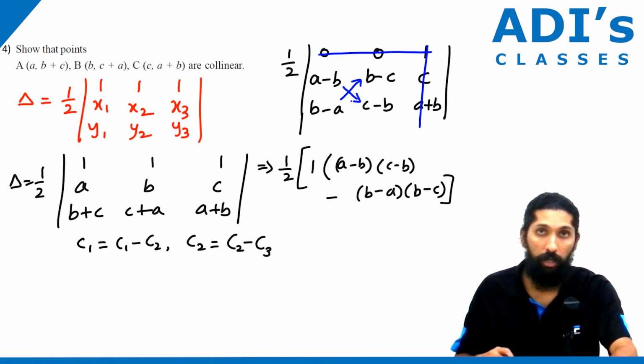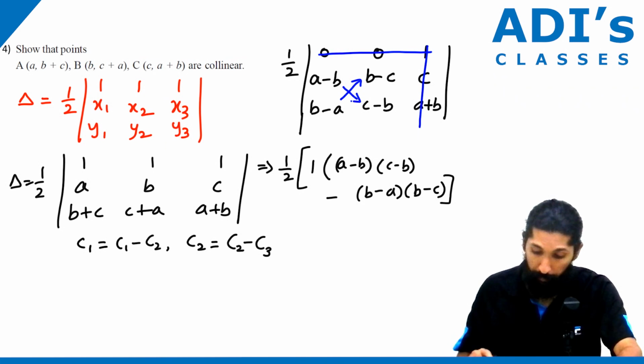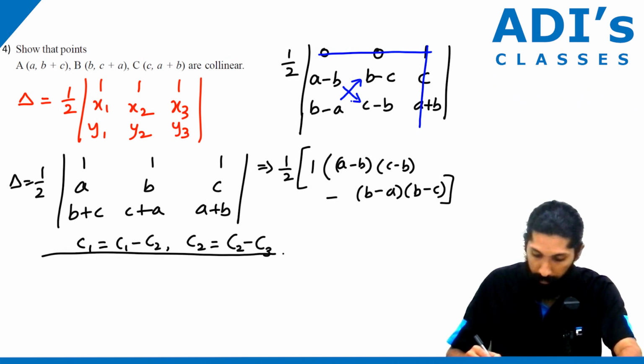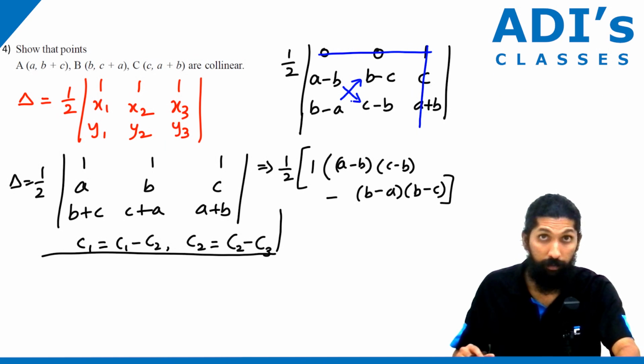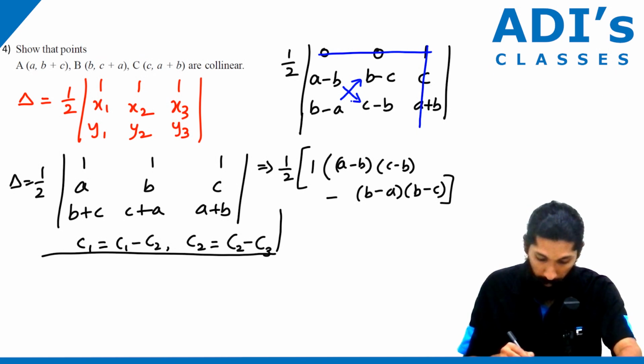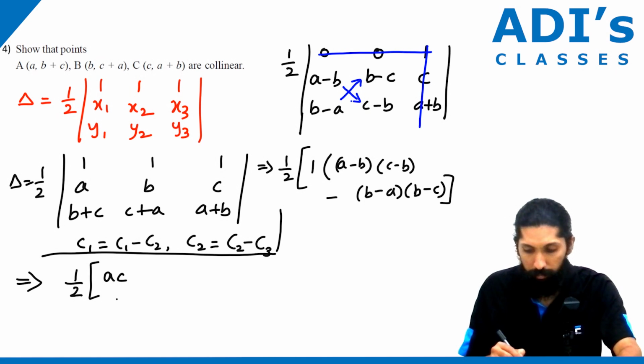Correct? Now it's just expansion of the terms. That's all. Nothing else is there. So when you expand the terms, I'm going to write this expansion of terms here. So you're going to have half into. So multiply AC. See, you can do one more thing.